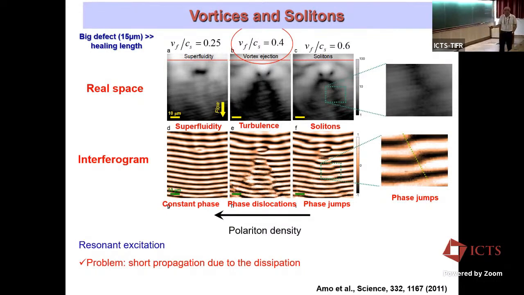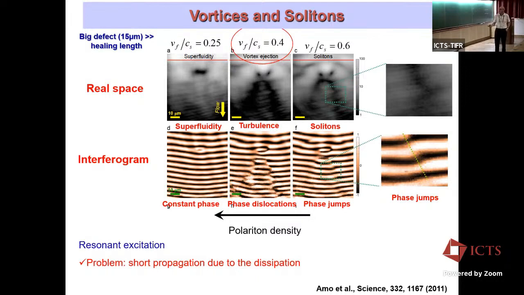Then we can decrease the polariton density, we increase the Mach number, this ratio here, and we start to see the appearance of topological excitations. In this case, we have quantized vortices. We can see here in the interferogram the presence of forks. The forks are the experimental signature that we have here, at this point, a quantized vortex, because the phase around this point is changing by 2 pi.